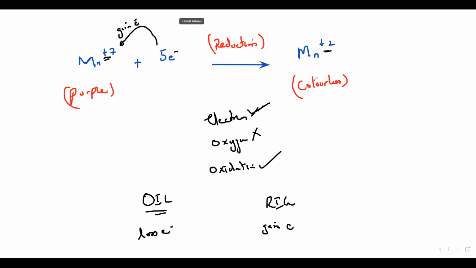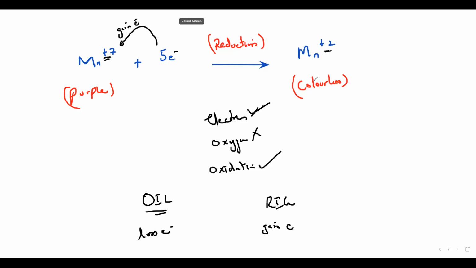In the case of manganese, if it has plus 7 oxidation number, the substance will always be purple in color. Pink is acceptable, purple is also right, because at high concentration manganese will be purple, at low concentration it will be pink. And it changes into Mn plus 2, which is colorless, so it will change from purple to colorless.